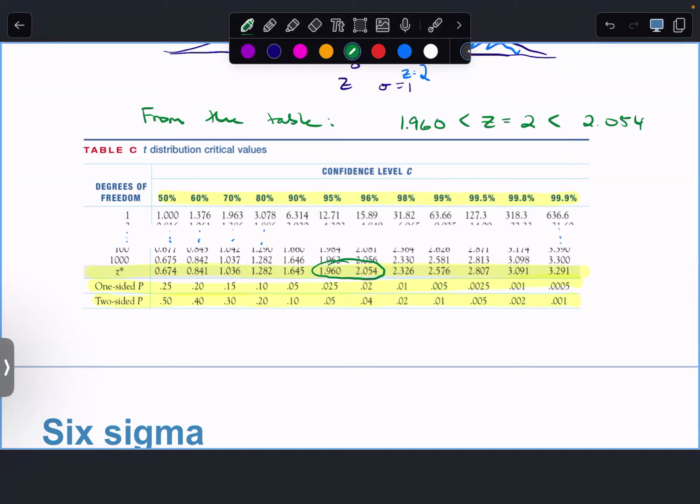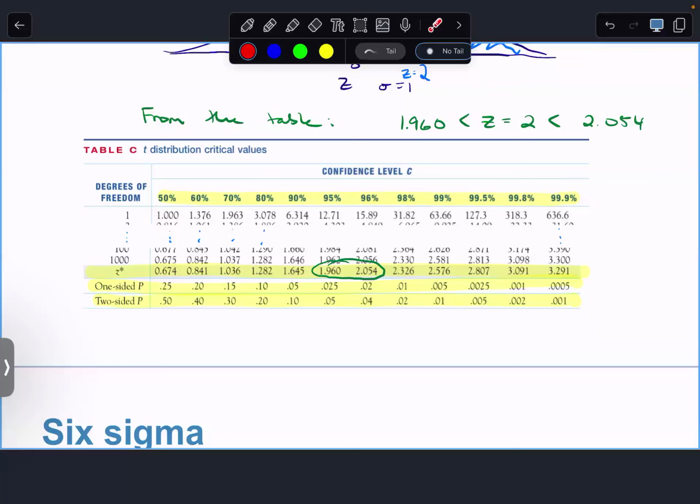You can write that out in words if you want. I'll use inequalities because it's a lot shorter, and the quicker we get used to it, the better, because we will be using the same notation essentially for the rest of the course. But Z equal to 2 is somewhere between a Z of 1.960 and 2.054.